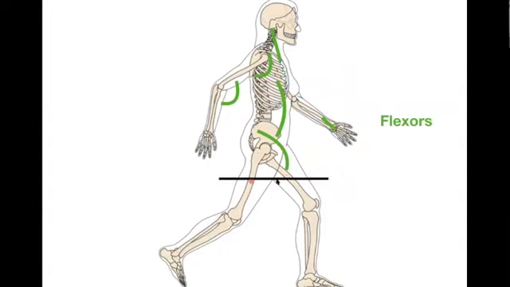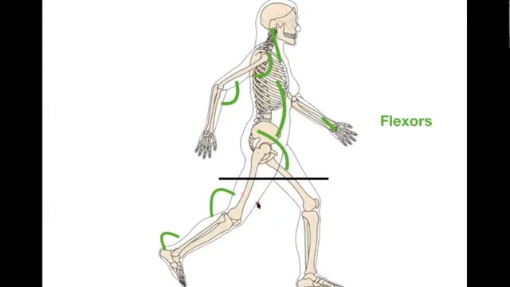Except that everything turns backwards when you get to the knee and ankle joints, right? Because this movement is bringing these limbs in an anterior position for flexion. Here, the flexion movement is going to be moving in a posterior plane. So all the muscles are on the posterior surface of the joint. This goes for your knee and your ankle, right?